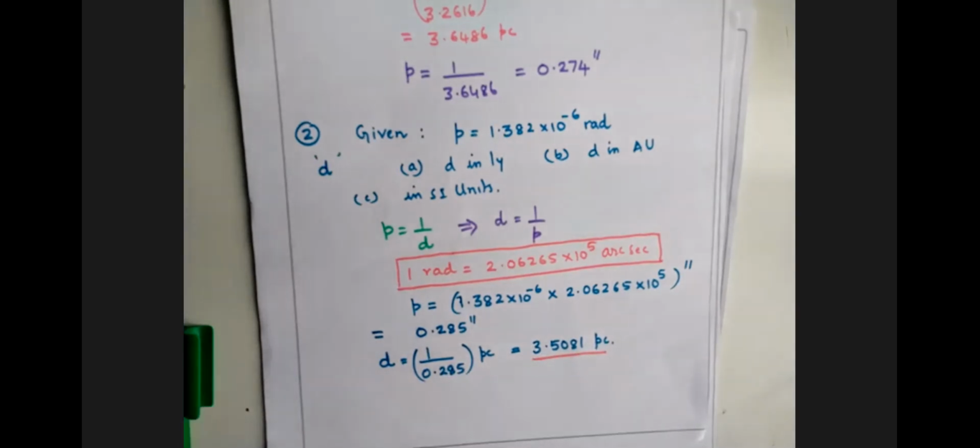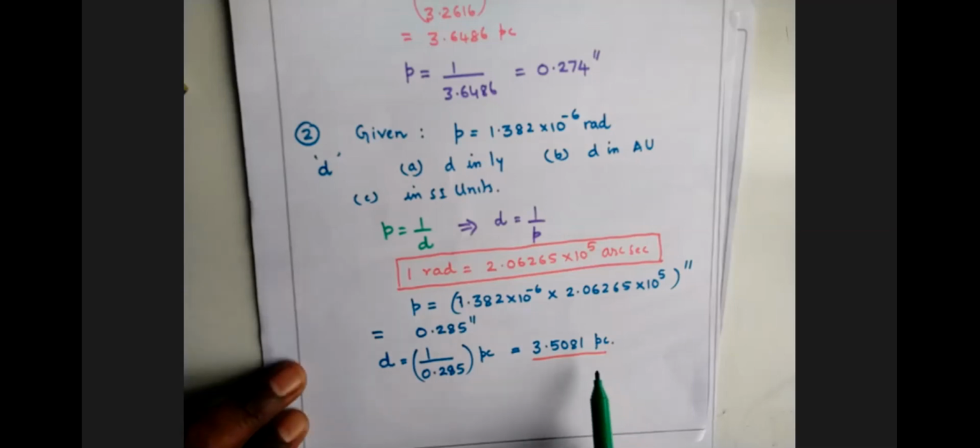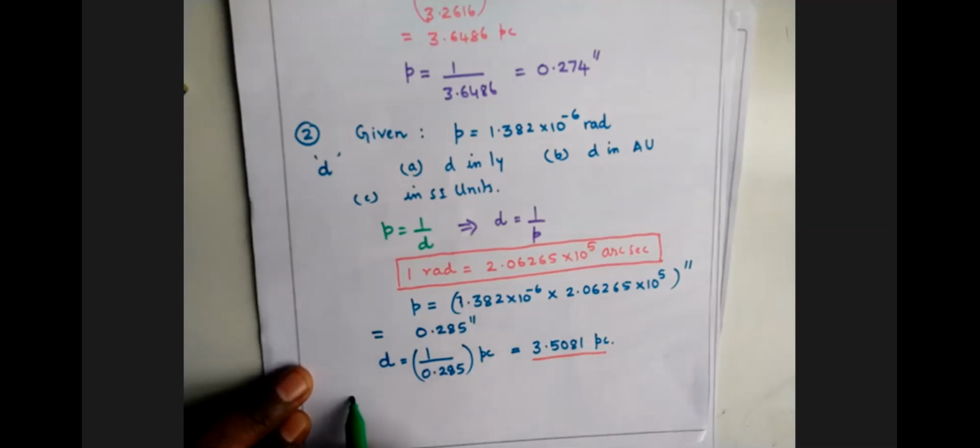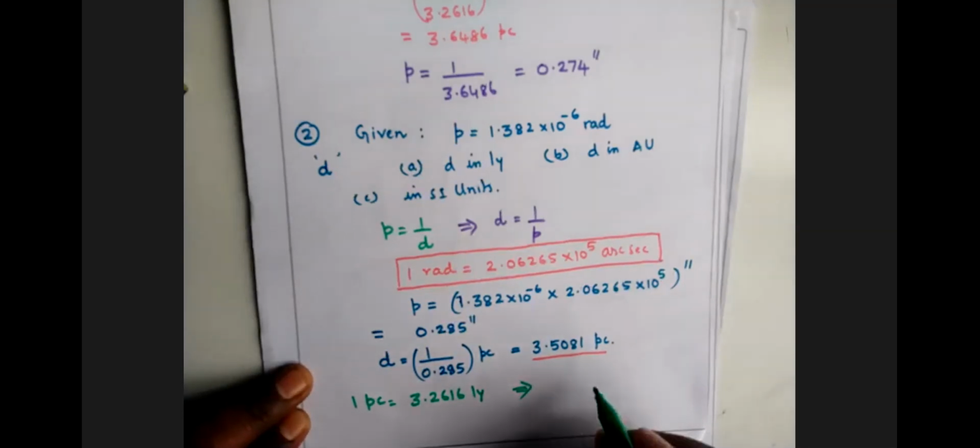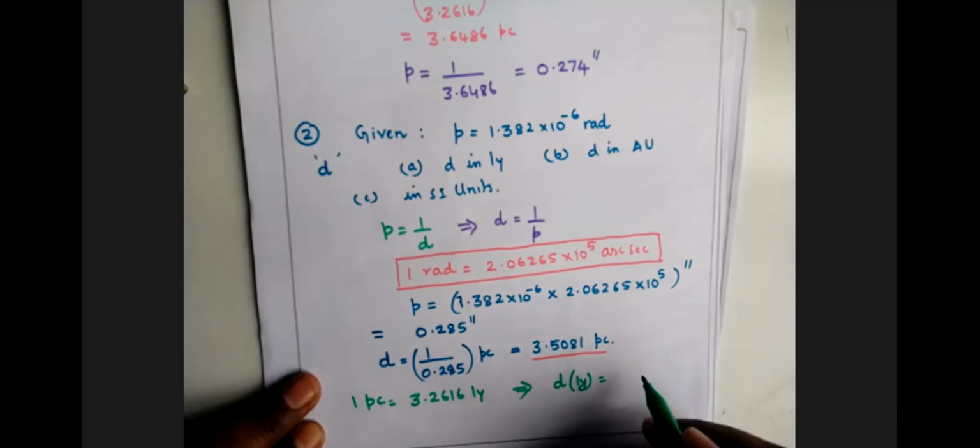Now we need to express this value in light years, then in astronomical units, and then in SI system. First, let us write the relation between parsec and light year. You know that 1 parsec is equal to 3.2616 light years. So the distance in light years is equal to 3.5081 × 3.2616.